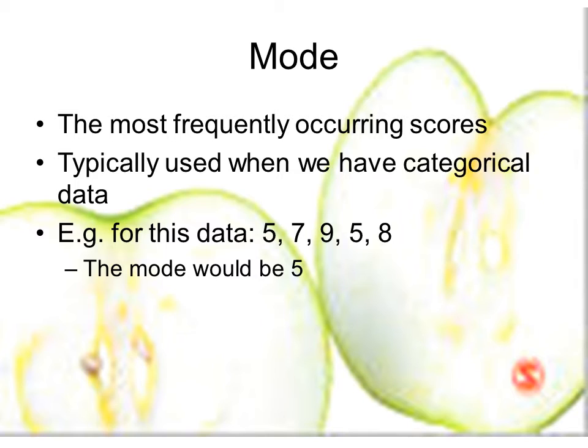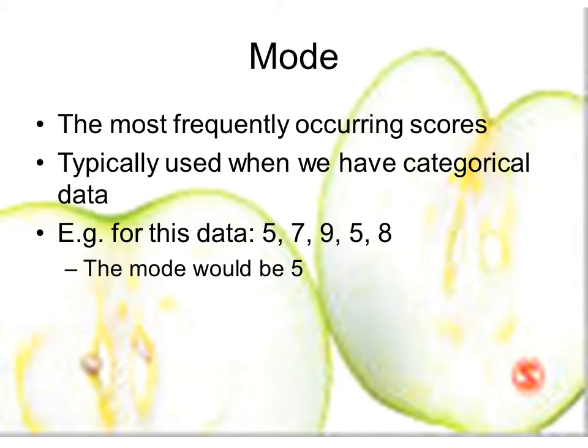So once again, look at all your data. What I like to do is pull all my data together and arrange it in ranking order. In this situation, I would put 5, 5 next to each other, and if there were some 6s, I would put 6, 6, 6, 6, maybe 2 7s, however many sets of data were there, in ascending order.